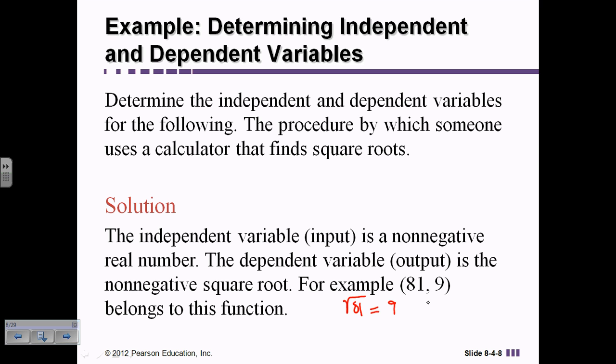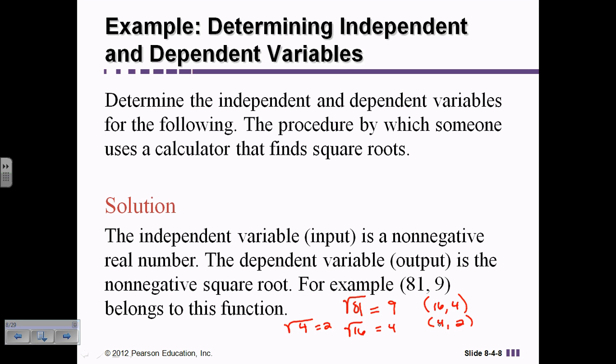So I set up the ordered pair 81, 9. I could add to this relation by saying what's the square root of 16? And the square root of 16 is 4, so I could have another ordered pair, 16, 4. I could do the square root of 4 equals 2, and so I could have another ordered pair in this function that is 4, 2.